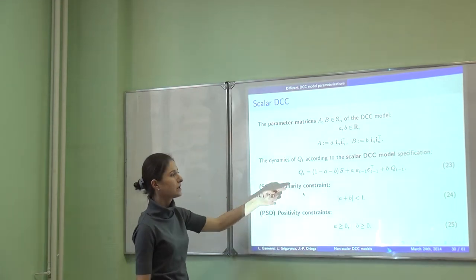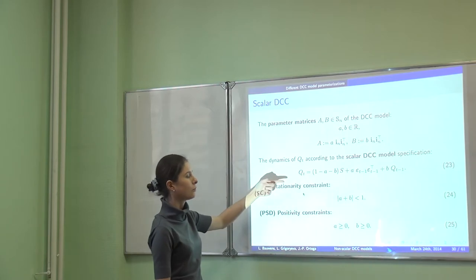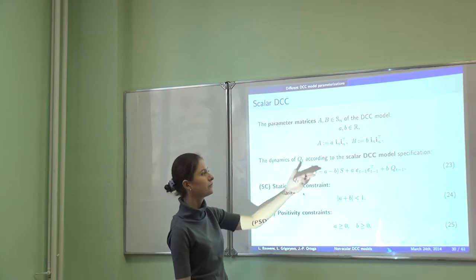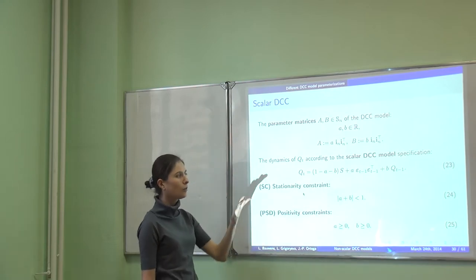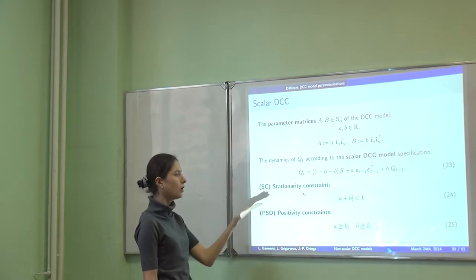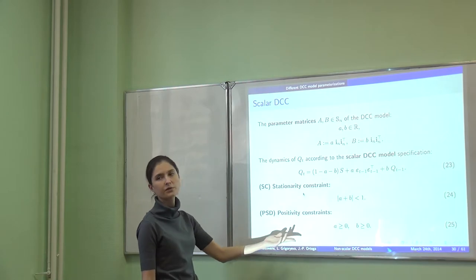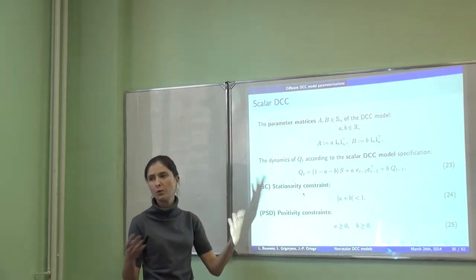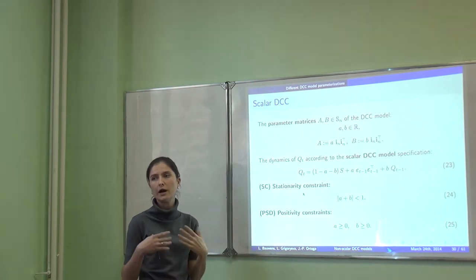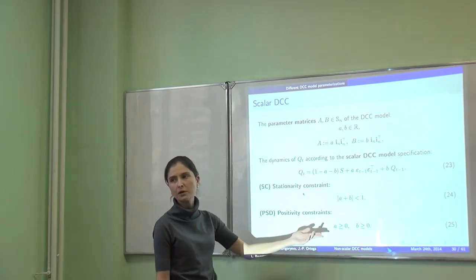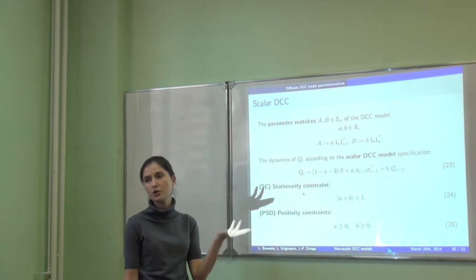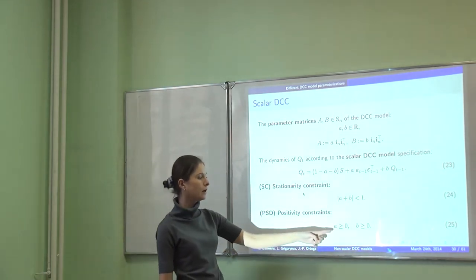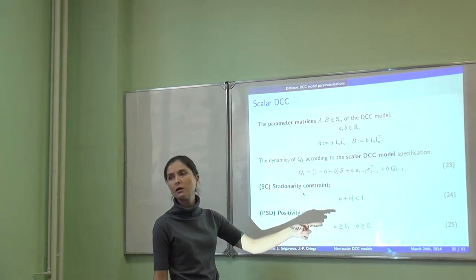So in this case, the model is written by just taking these parameters a and b and rewriting the same model. What is obvious is the presence of extremely easy to tackle constraints, right? We don't work anymore with matrices, we don't have high dimensions anymore, we just have simple constraints like we had for the GARCH model, which involve only the scalar parameters.